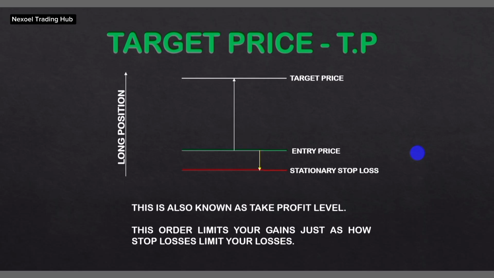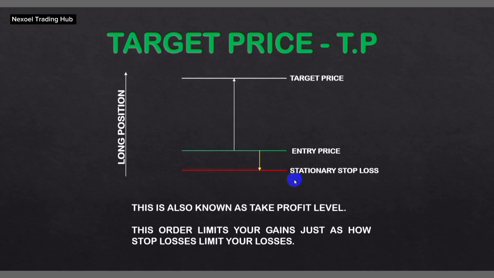The target price order is the order a trader activates in order to leave the market in profit without manually exiting the trade. So it is important for you to set a target price so that you won't act out of emotions when your trade is open.